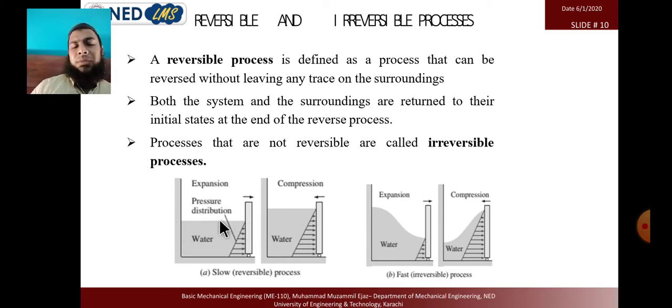We can consider it a moving boundary control volume, like the example we used to calculate work. This is the surrounding, this is our system. When we move this plate back and forth, the water level rises and comes again to the initial position. So we can call it a reversible process in thermodynamics, because there is no trace in the surrounding.